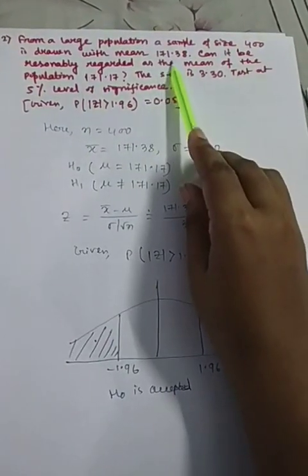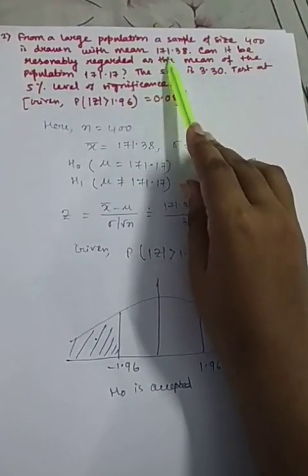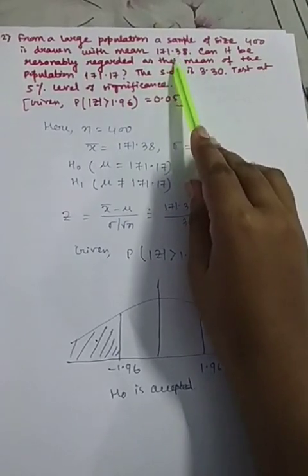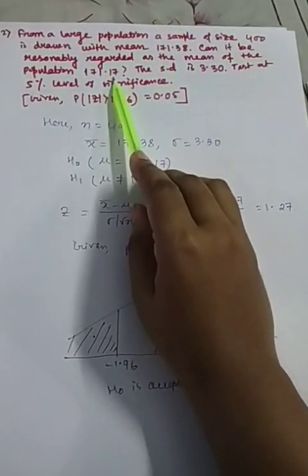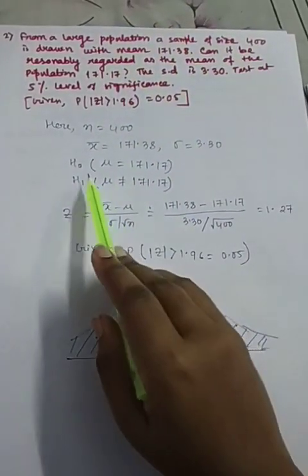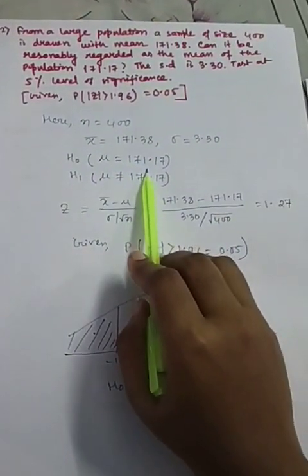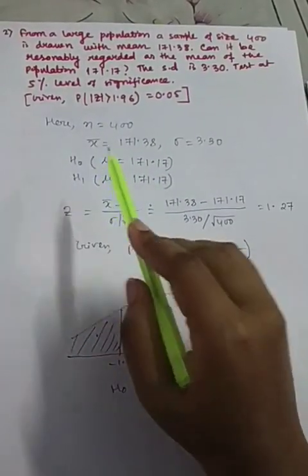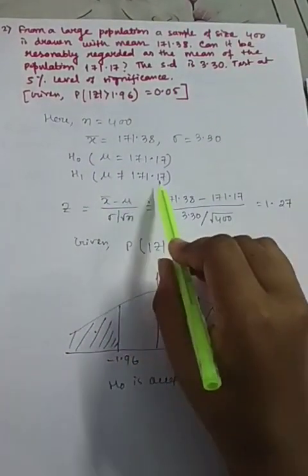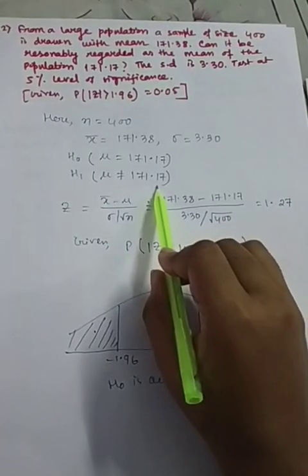X bar, that is the observed mean, is 171.38. We have to check for the mean of 171.17. So your null hypothesis H0 will be mu equal to 171.17. The alternative hypothesis is different from H0, that is mu not equal to 171.17.